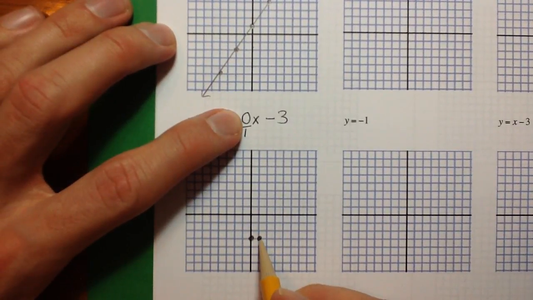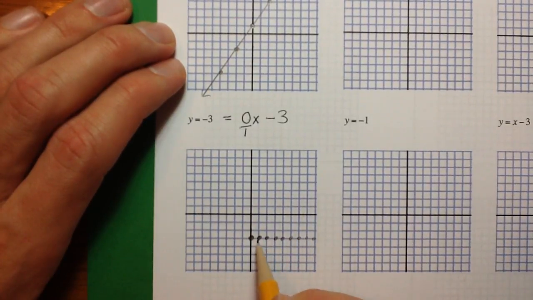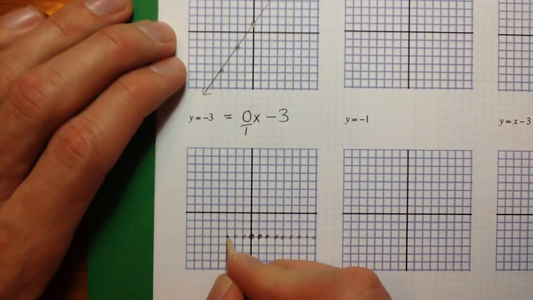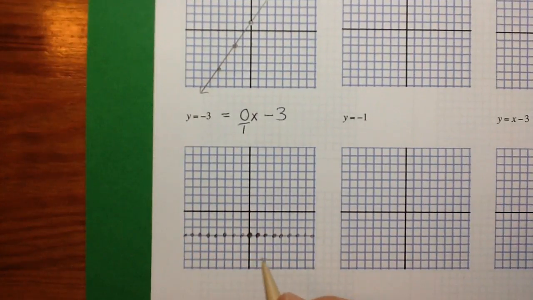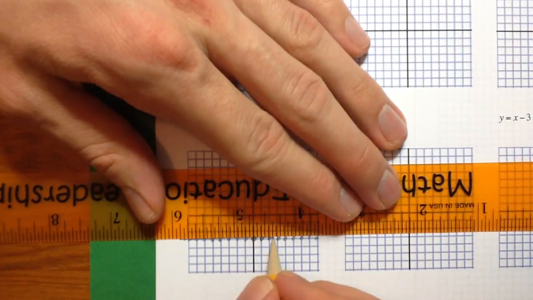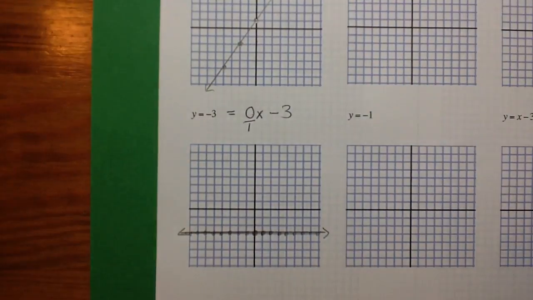I'm not going to rise at all, but I'll run 1. You can see what's happening here. I'm going to end up with a completely horizontal line. I'm going to go backwards with it too, because 0 divided by -1 is still 0. So I'm going to the left one with each of these. And there it goes. There it is right there.